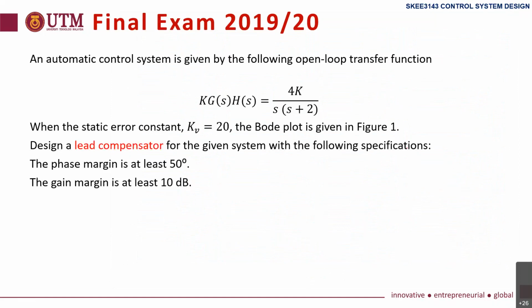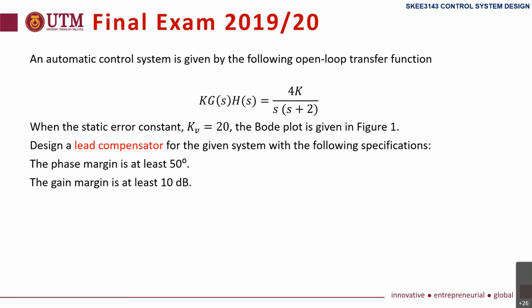Here, K is not mentioned. As we know, in order to have a Bode plot, we need a value of K. K is not mentioned here, but we will know the value of K by solving Kv equal to 20. It is mentioned that it is plotted with Kv equal to 20.